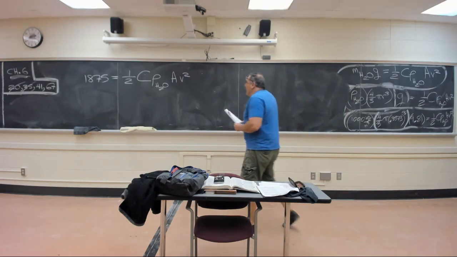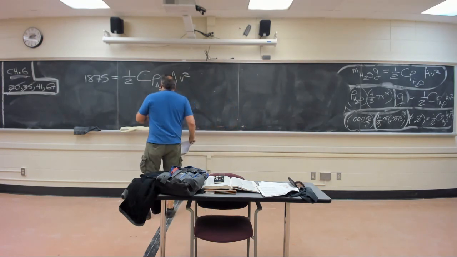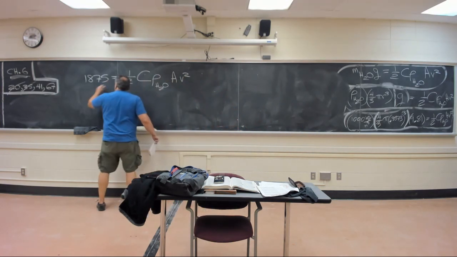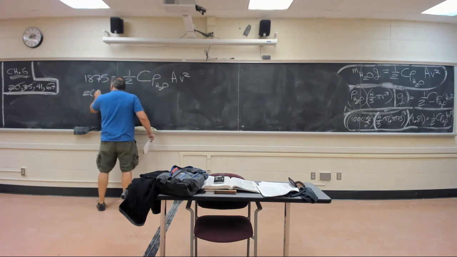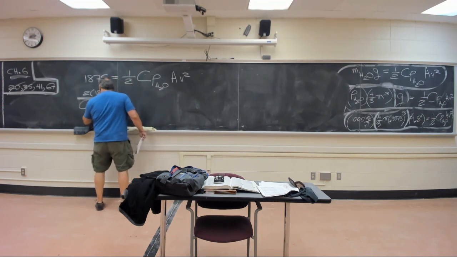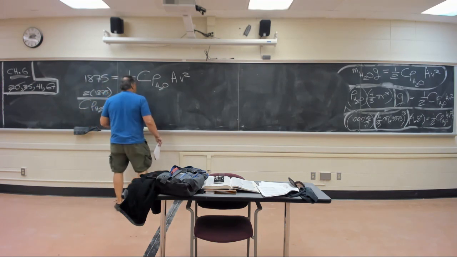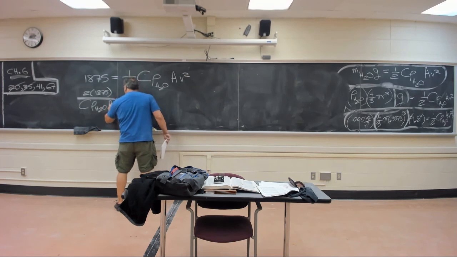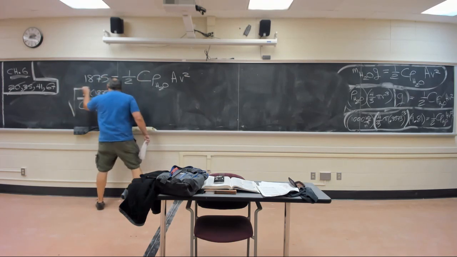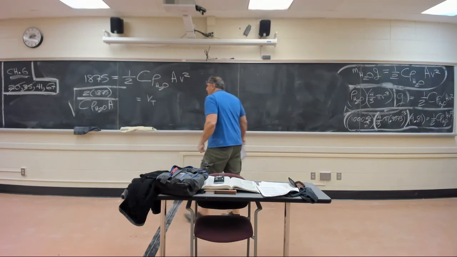Let's multiply by 2 and divide by C rho H2O A. Square root that, and that's going to be V terminal.